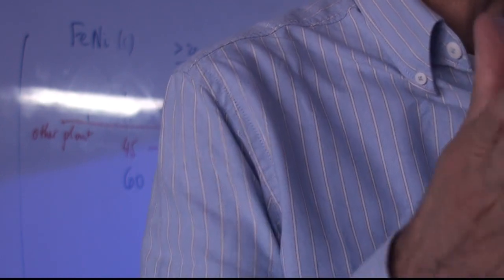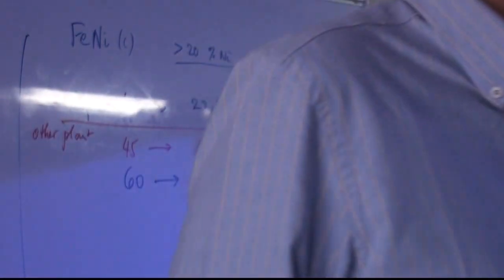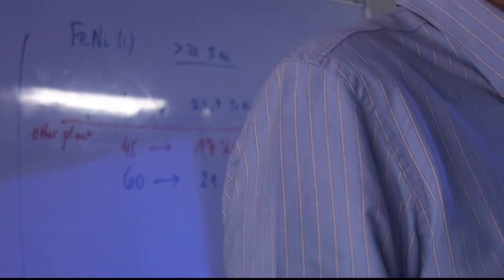So I cannot tell you what yield. You tell me what nickel percentage you want to have, and then in the ferronickel furnace, the adjustment parameter is the carbon. Then you increase the carbon, and so you increase the iron yield.